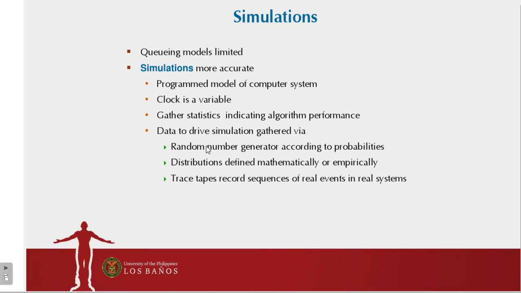You can have synthetic inputs by using a random number generator, or you can use some distributions to generate a set of inputs, or you can actually obtain what you call traces of runs, and then use that as input to your simulation.